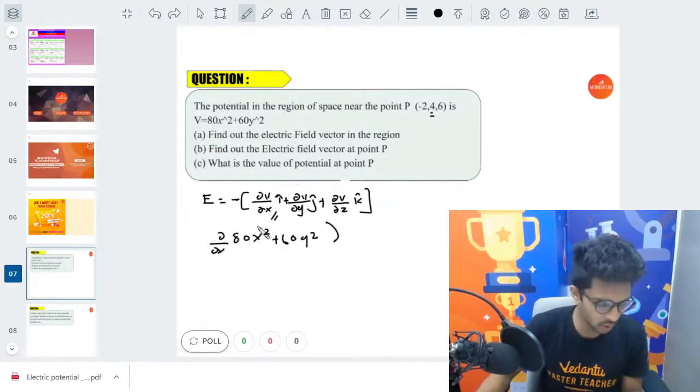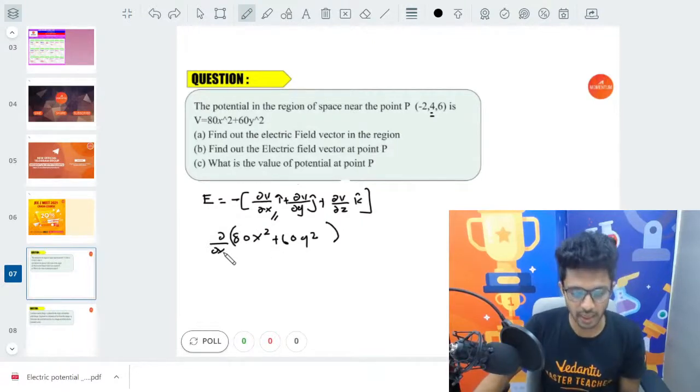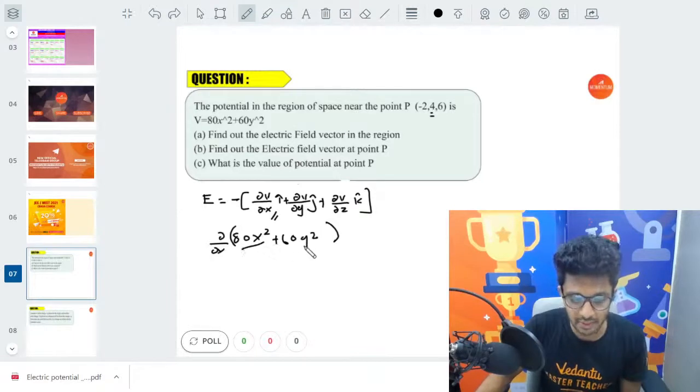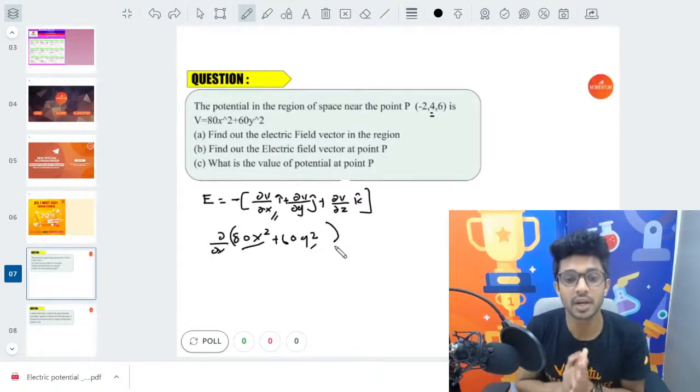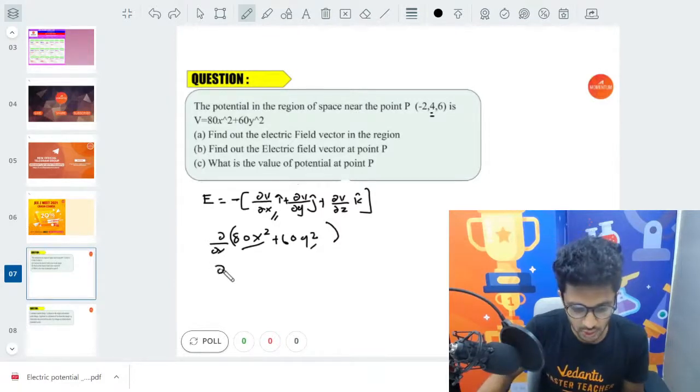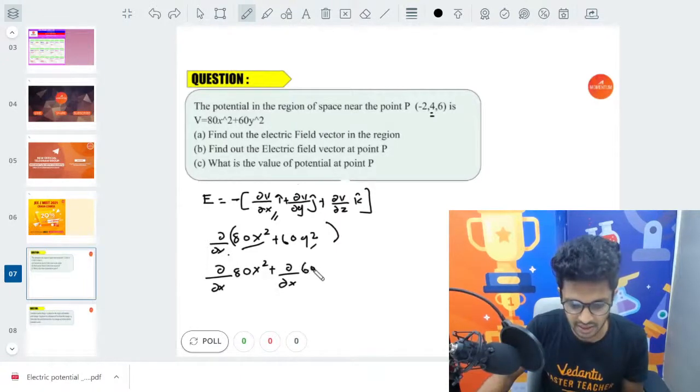Okay, so here that is dou by dou x. As I have told you, here x is the only variable, and all the other variables are considered to be constants. So if I do dou by dou x of 80x square plus dou by dou x of 60y square, then while you deal with partial differentiation, x is a variable, 60 is a constant, y is a constant.